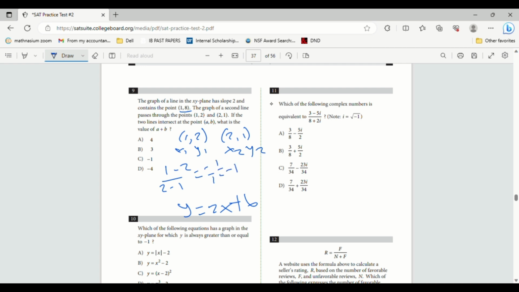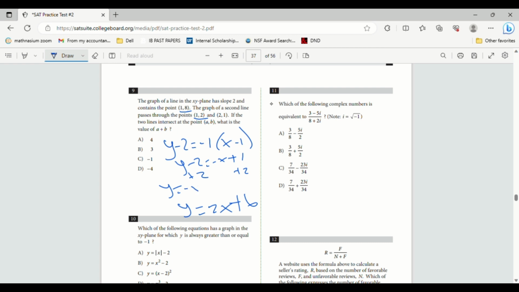And so now that we know our slope is negative 1, we need to plug it into our point slope form. So I'll pick the point 1, 2. So we have y minus 2 equals negative 1 times x minus 1. Y minus 2 equals negative x plus 1. Add 2 to both sides. Y equals negative x plus 3.